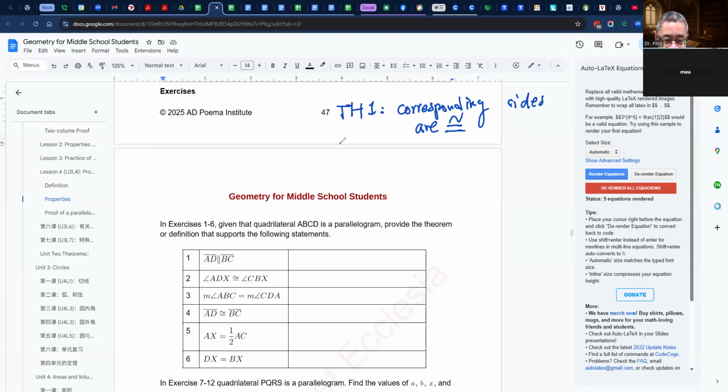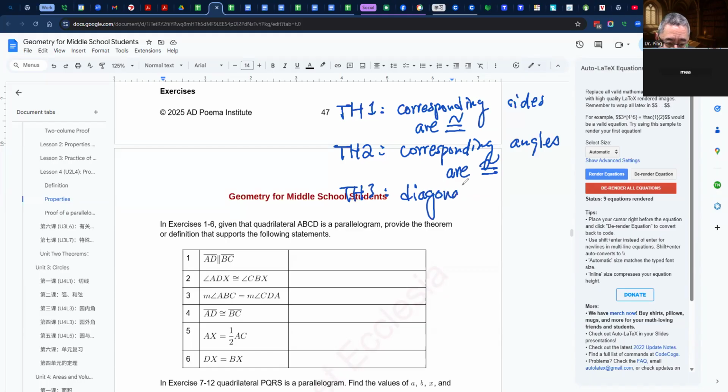You can use this symbol for congruent. And theorem two is corresponding angles are congruent. So first is a side, and this is angle. Angles are congruent. And theorem three is the diagonals bisect each other. Okay, so we have that.